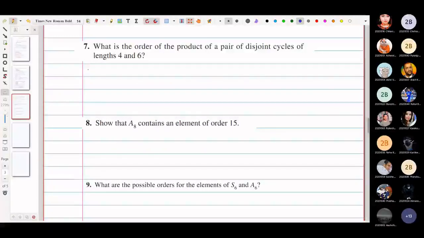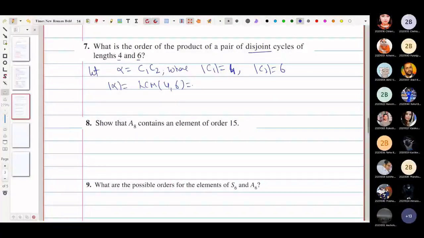Okay, so let alpha equal C1 C2, where the length of C1 is 4 and the length of C2 is 6. The order of a cycle is the same as its length, so the order of C1 is 4 and the order of C2 is 6. Moreover, they are disjoint. So the order of alpha equals LCM of 4 and 6.